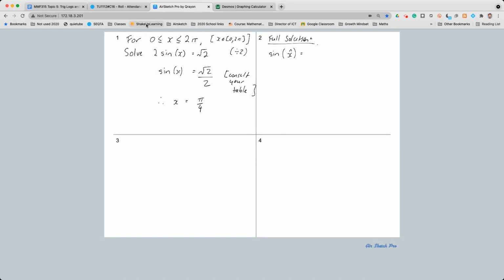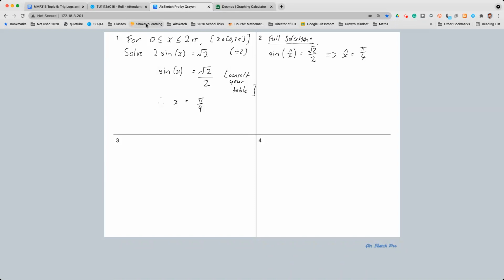If sine of x hat is equal to root 2 on 2, then x hat is equal to 45 degrees, pi on 4. Now this is why I introduced the x hat notation to start with, because I'm saying specifically the x hat is pi on 4, that acute angle, the angle between the x-axis and where the line actually is, that is pi on 4, always.